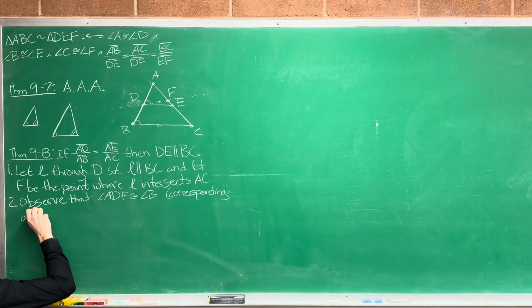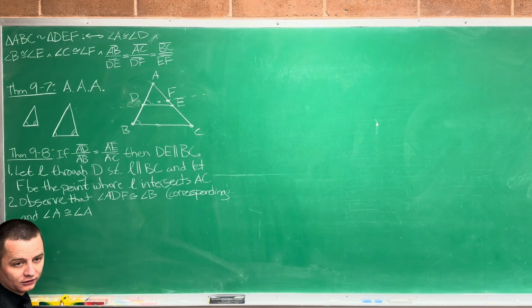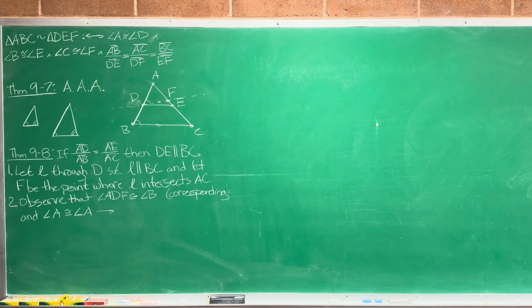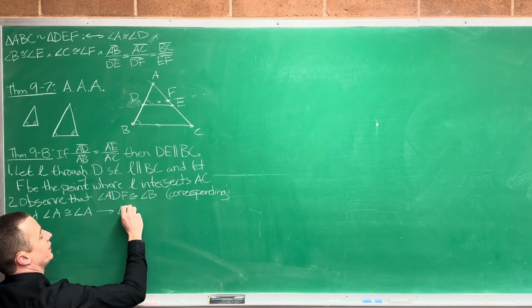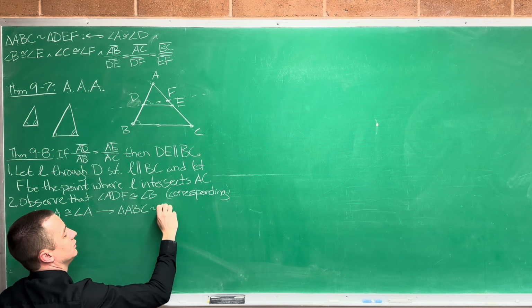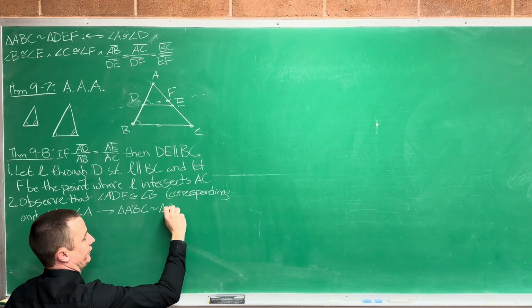And angle A is congruent to angle A. Right? So that gives me what? That the triangles are similar. So triangle ABC is similar to what triangle? ADF. Good.